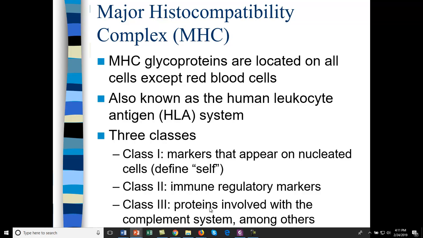Okay, then class 2 MHC is what appears on immune regulatory cells. Okay, specifically class 2 MHC is involved in display of antigens. Okay, and then finally you have class 3, and these are proteins that are involved in the complement system, among others. We won't talk as much about MHC class 3. We're primarily concerned about class 1 and class 2.